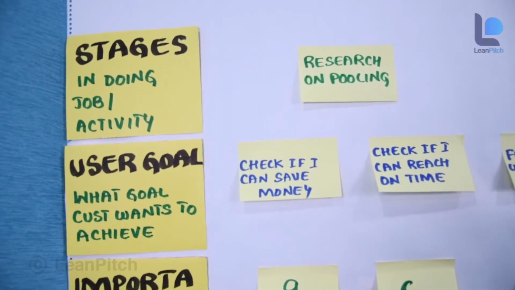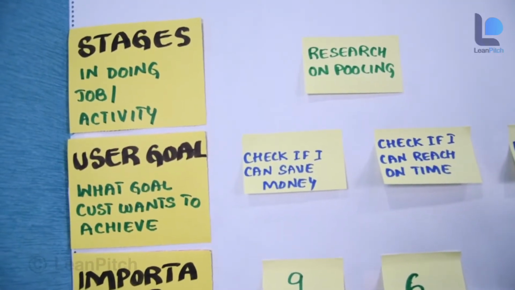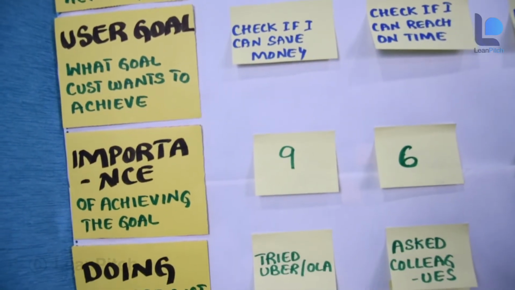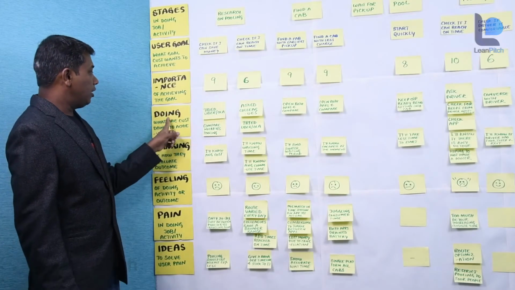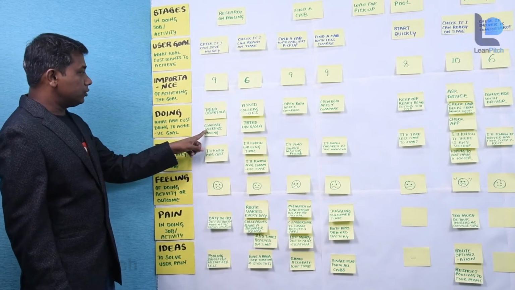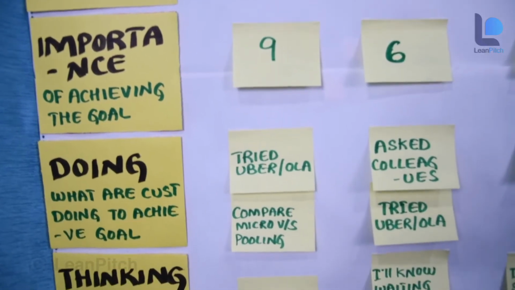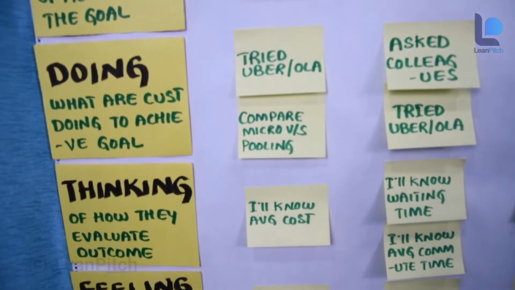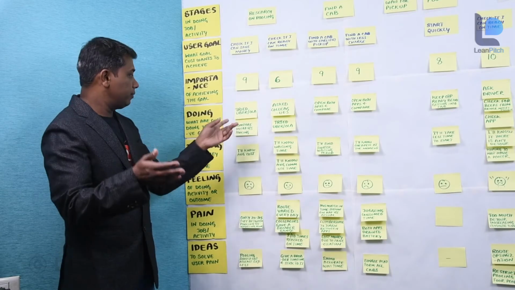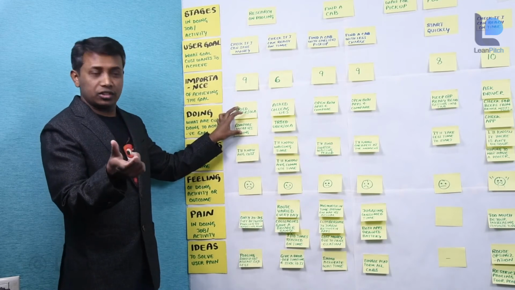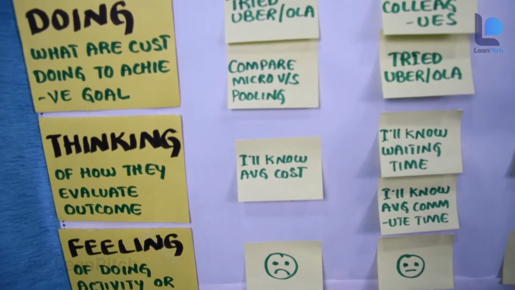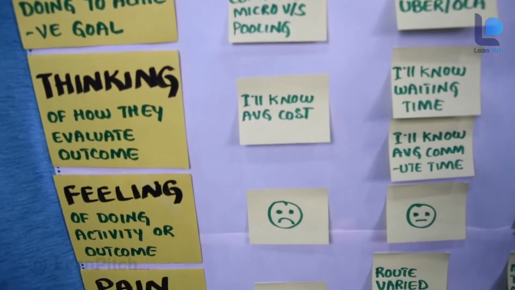If we check whether I can save money or not, in terms of importance, it was very high. On a scale of 1 to 10, it was 9. What are the alternatives that he used? He tried Uber and Ola, and he also compared going alone in a micro versus pooling to check which one is costly. He was expecting that he would know which one is cheaper so that he can choose that.